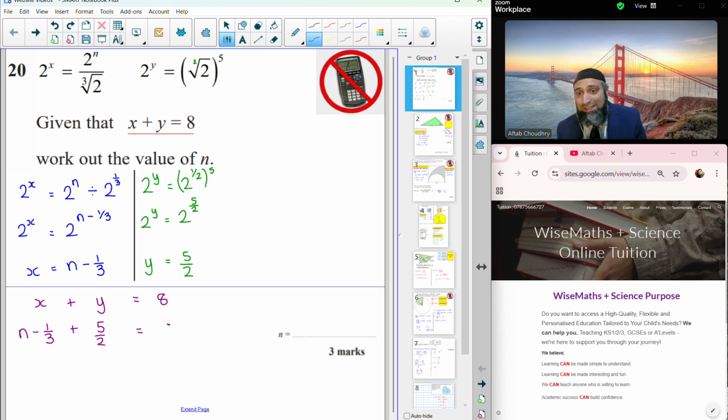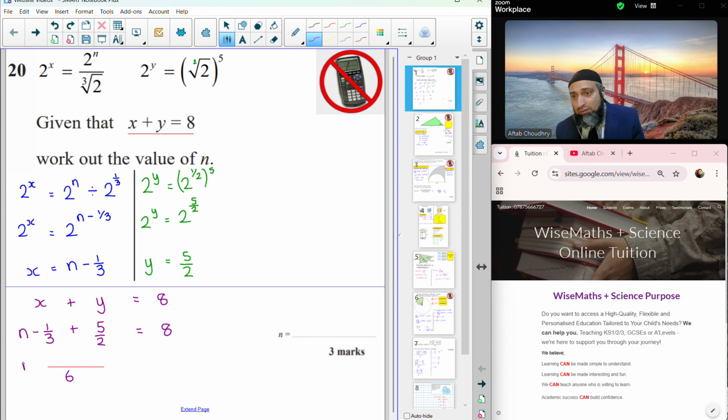All of this is equal to 8. Let's put this over a common denominator because I've got two fractions. I can clearly see that 6 is the common denominator of these two.